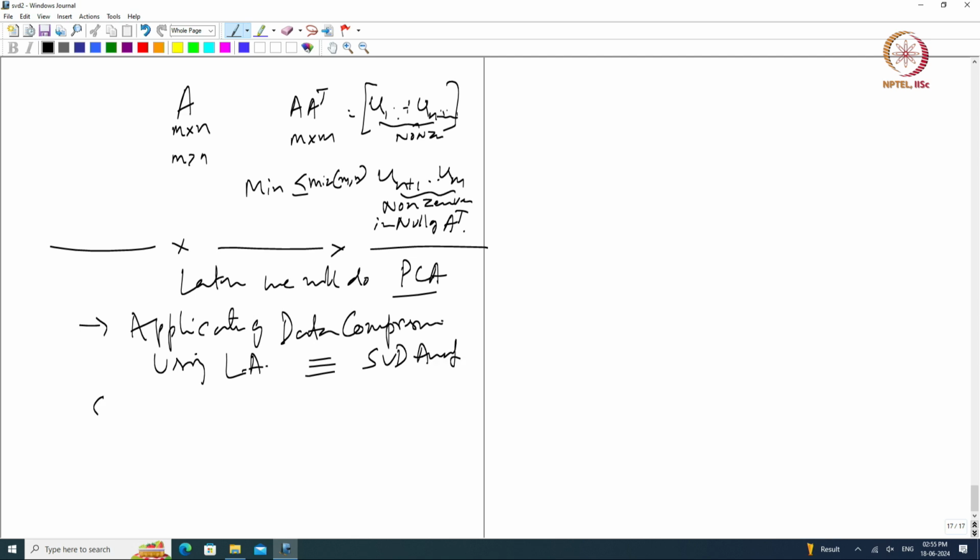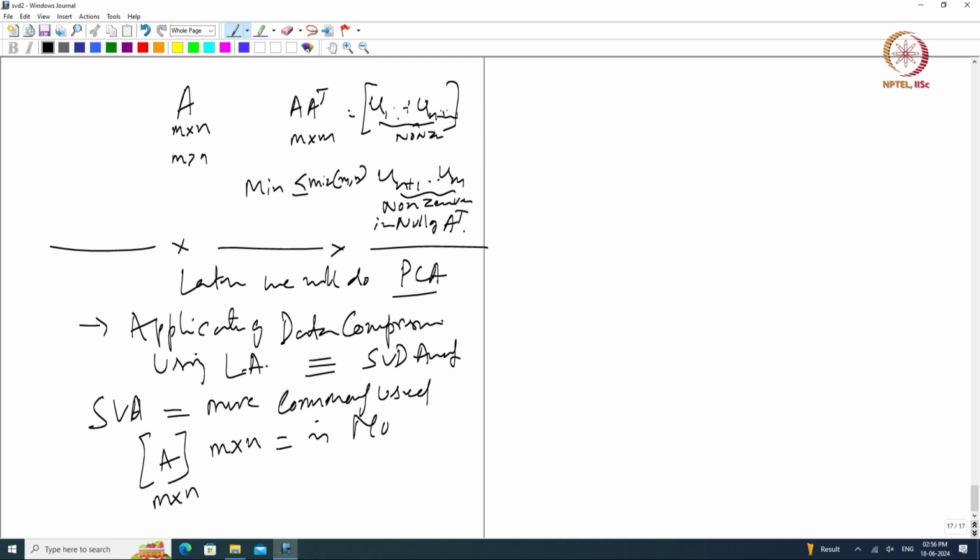And in fact, SVD is more commonly used, as non-square matrices are more common, and you will see that when we do PCA, the first 3 steps are almost identical to what we do for SVD. Okay? So, we will cut back to that here.